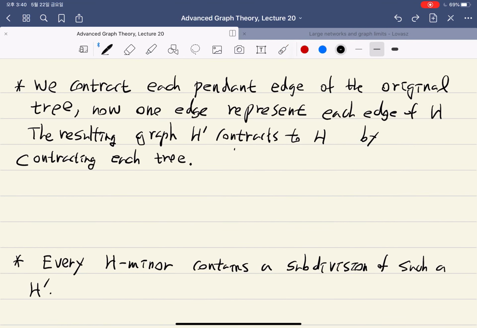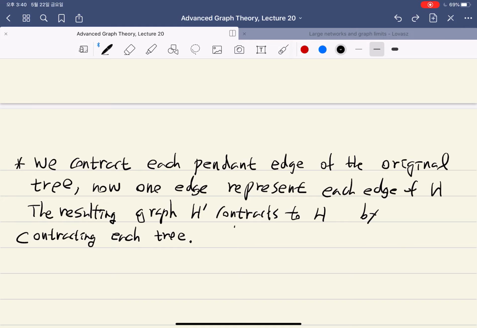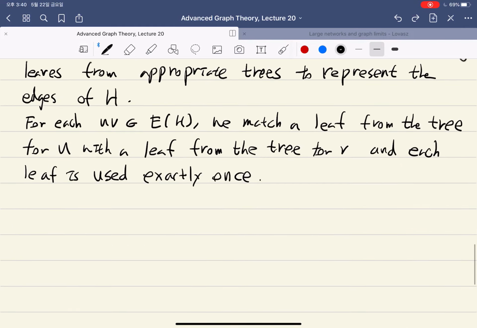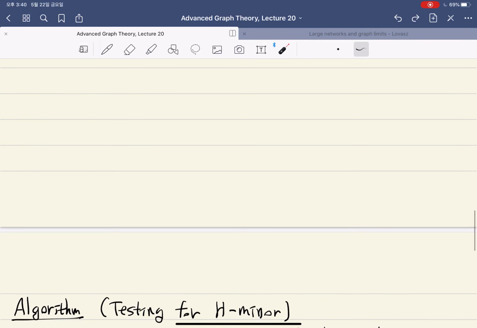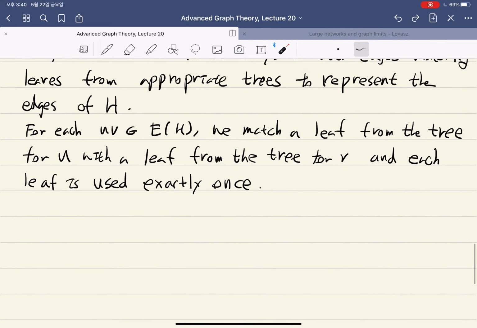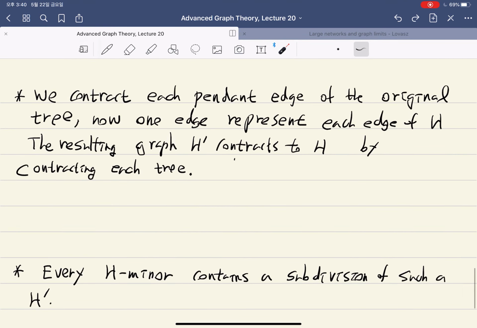So now we contract each pendant edge of the original tree, meaning that in this tree, these are pendant. So we just contract. Contract meaning that those yellow subdivisions are gone.